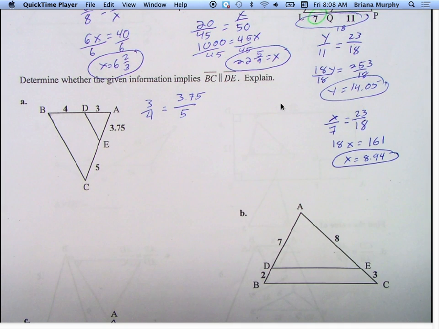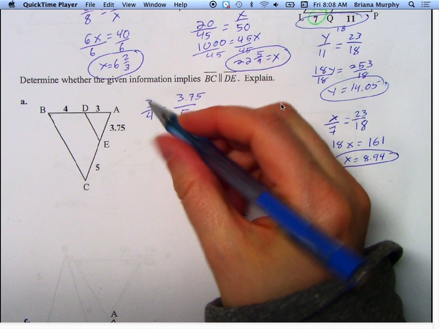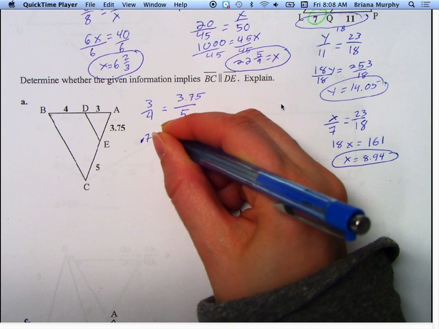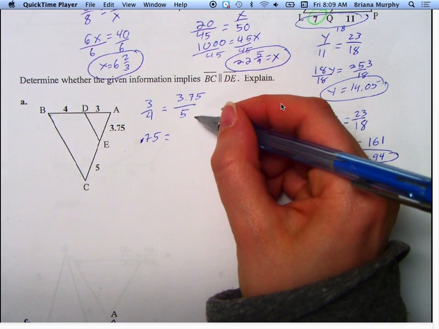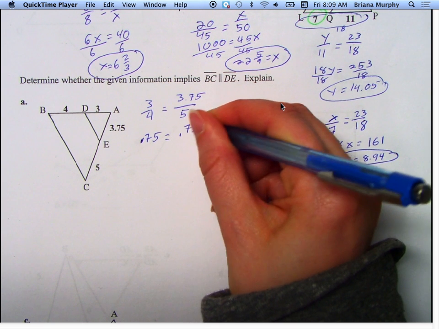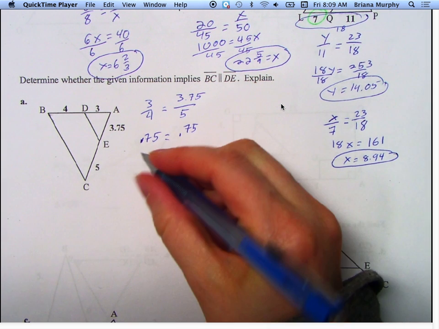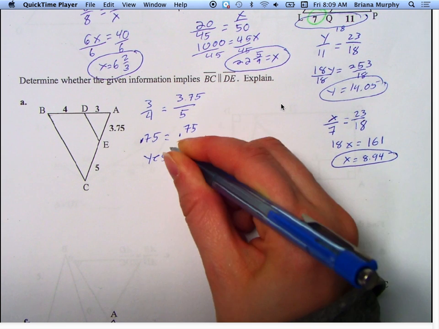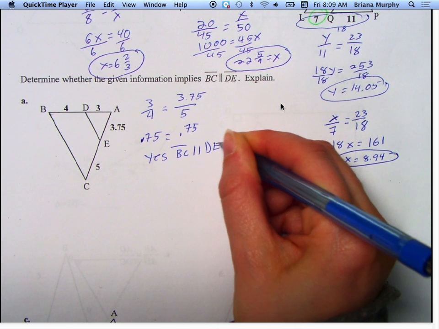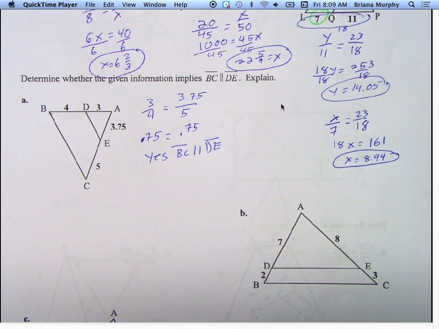All I do for these is I put them in my calculator. 3 over 4 is 0.75. And then 3.75 divided by 5 in my calculator is 0.75. So if that is true, I can say yes, BC is parallel to DE.